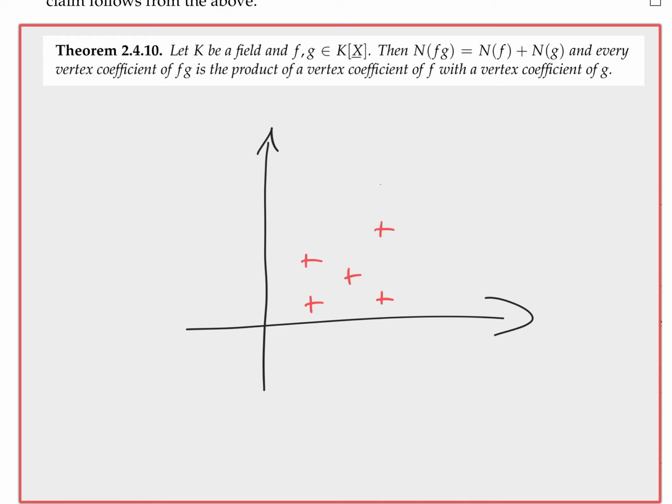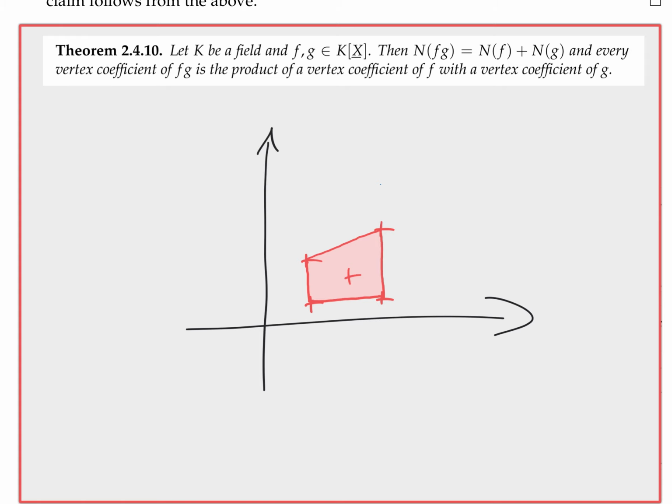These points should lie on a grid, right? Okay. So then let me draw a convex hull, which is the Newton polytope. That's the convex hull, right?